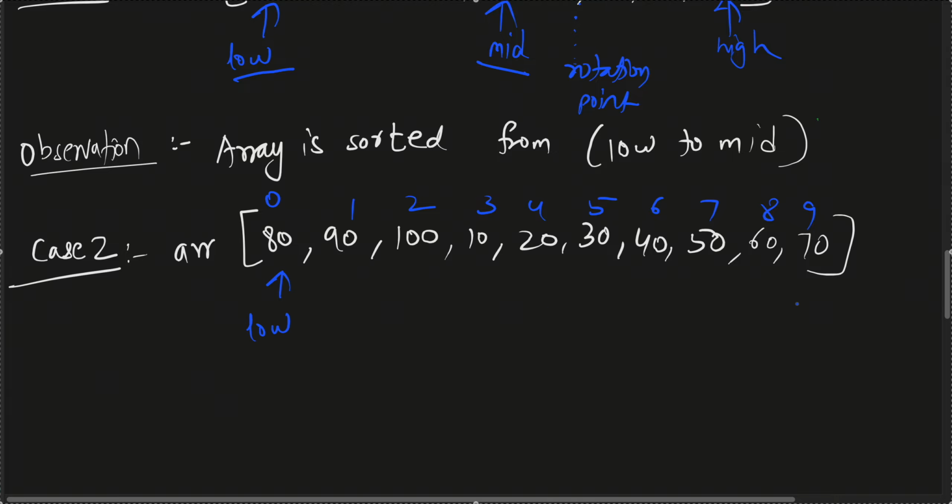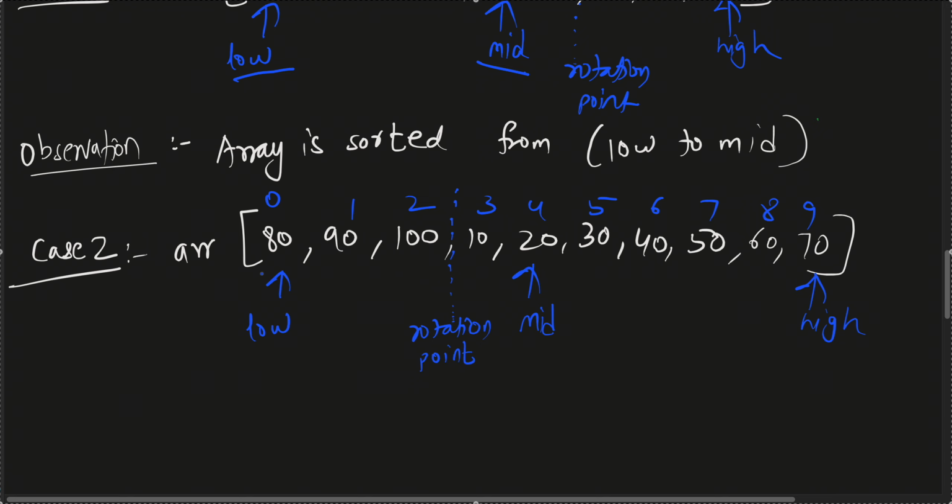This is the low pointer, this is the high pointer, and the middle will be here, right? So for this array, what is the rotation point? We can see the rotation point is at this point where our array was rotated, right? So this is our case 2.